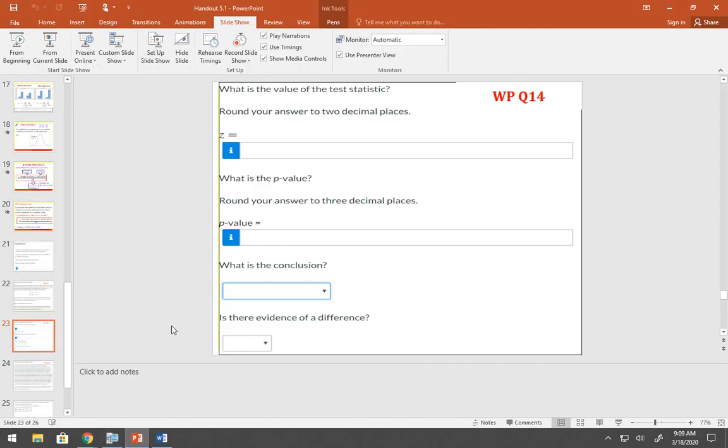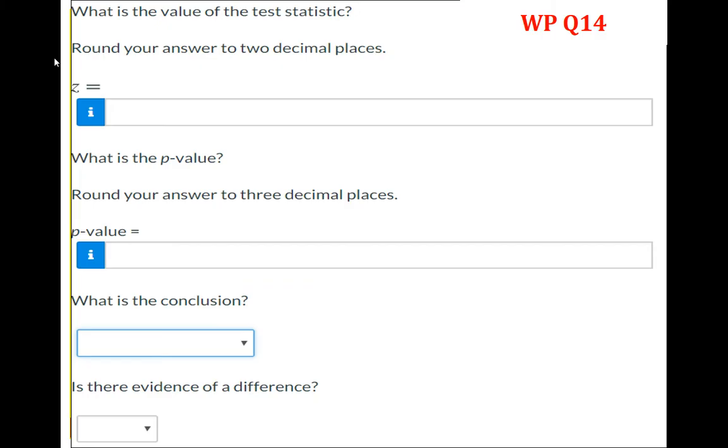So I'm going to go back here, start from the current slide, and add in my numbers. So far we have 0.94 for my z-score. I converted that into a p-value, which was 0.174. Now it asks me, what's my conclusion?